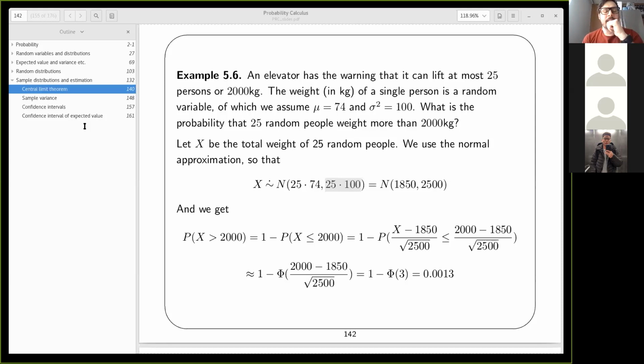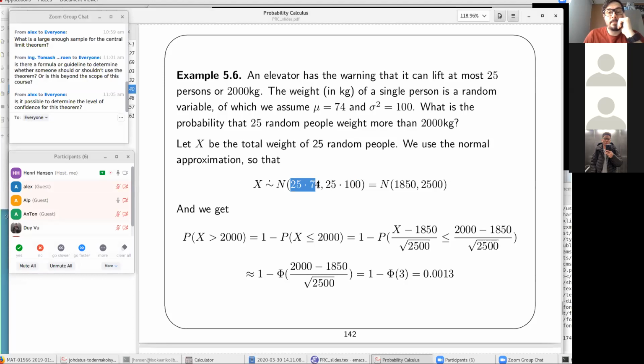So if you make assumptions that are wrong, then your model, well, who knows? It might be right, even though the assumptions are wrong. I mean, they may still work. Let's calculate this. So we get here the sum of 25 independent variables with 74 expected value and 100 variance.